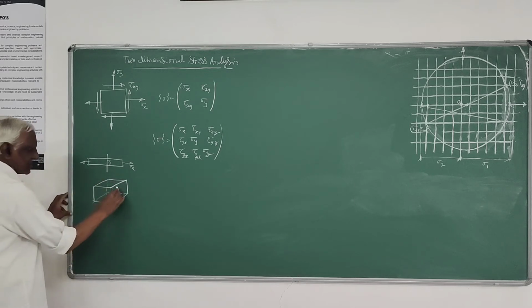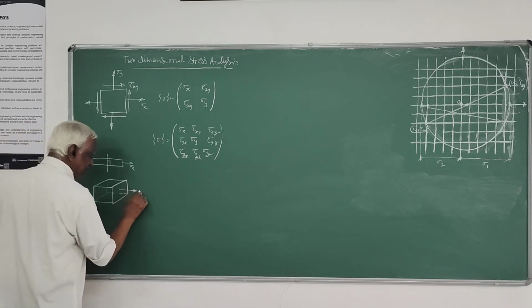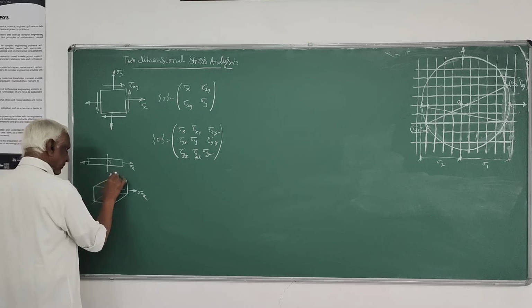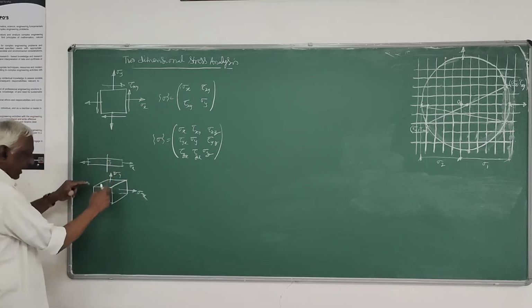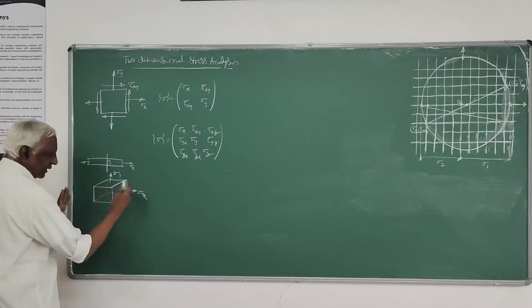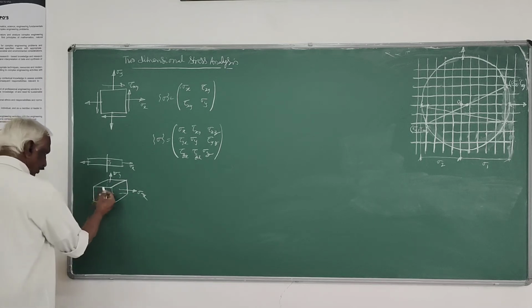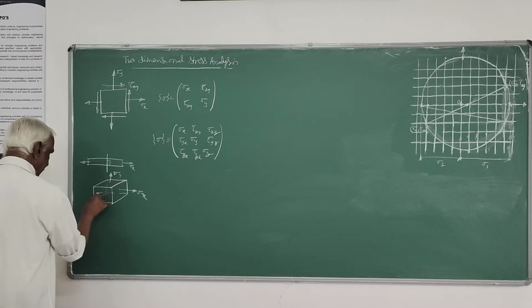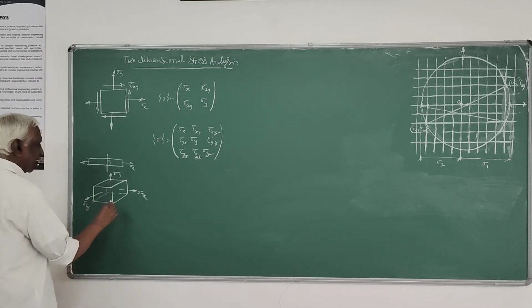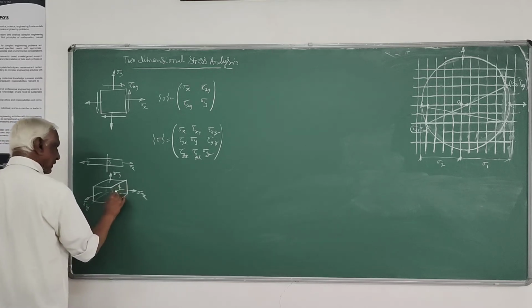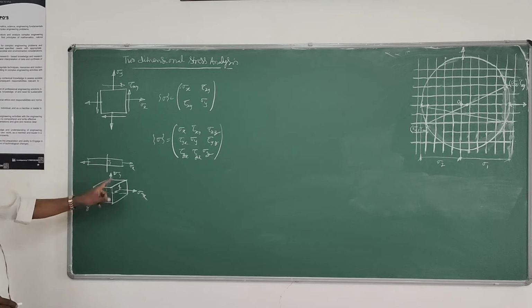There will be three planes: one plane sigma x, another sigma y, that is top and bottom, here right and left, and this is side, front and rear. If you take this as sigma z, tau xy will be in this, here on this tau xy, tau yz, and tau xz.